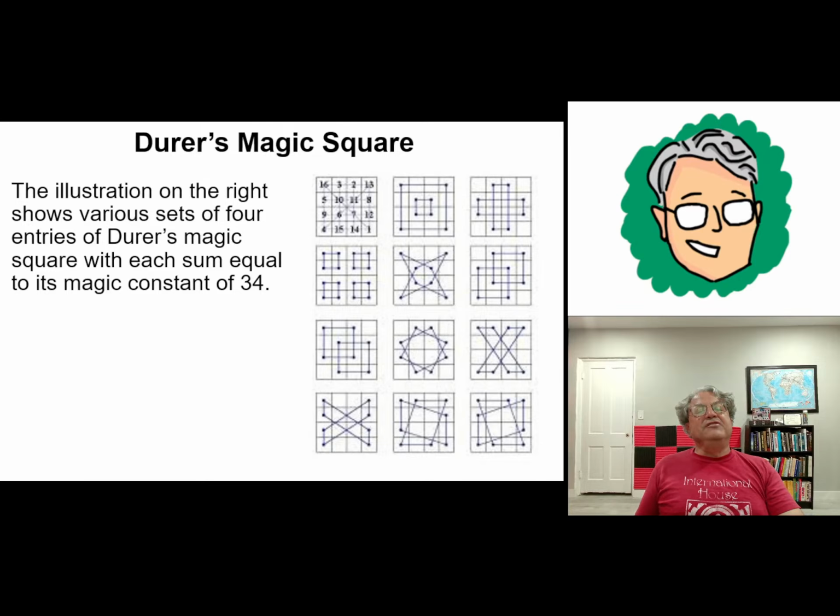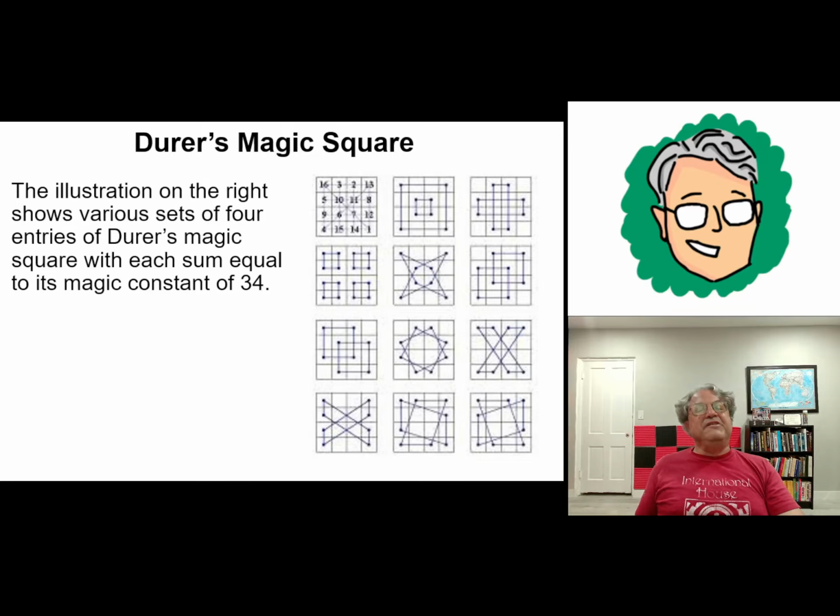And then if you take these rectangles, you take, say, the second and third element of the first and fourth column, those add up to 34, as do the second and third elements of the top and bottom row. And then also, if you looked at each group of 4 numbers in each quadrant of the square, the first 2 rows and columns, or any 2 rows and columns in the corner, those all add up to 34.